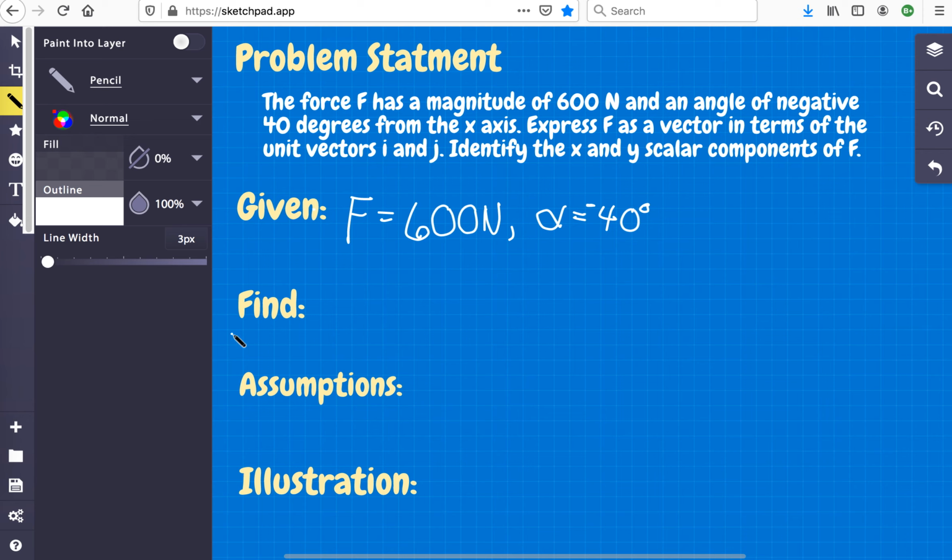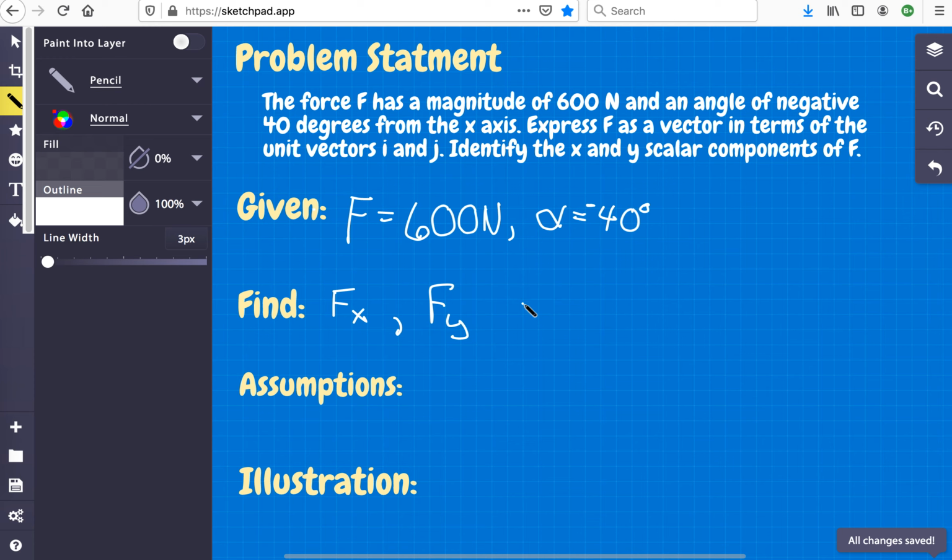And the find illustrates in some sort of algebraic term, some letter usually, or some Greek letter as well. And we want to find the i and j vector units in terms of F. So what we can say is Fx we want to find, and that is in the i direction, and Fy is in the j direction.